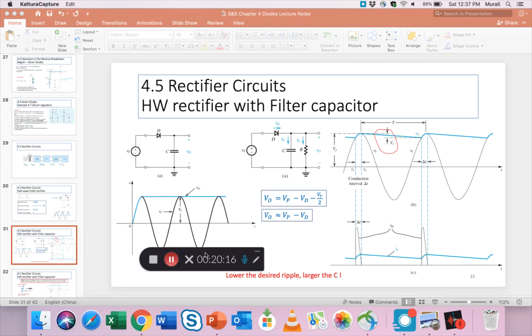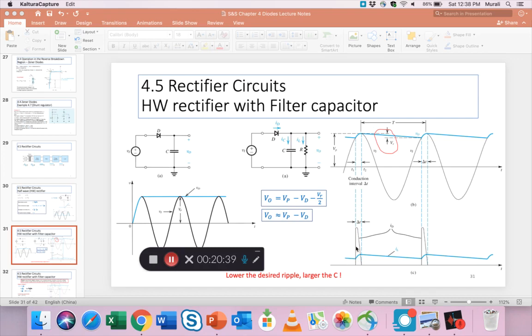VR is a very important factor when it comes to analyzing filter circuits, well, rectifier circuits. So pay some attention to understanding VR, why it happens and why it exists, and in the next slide we'll deal with it. But just a couple more things I want to point out.